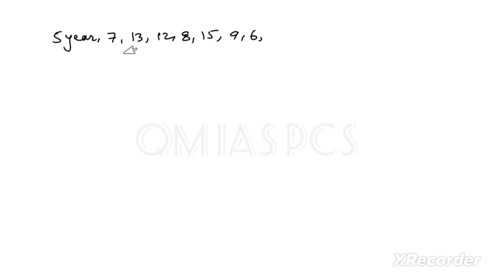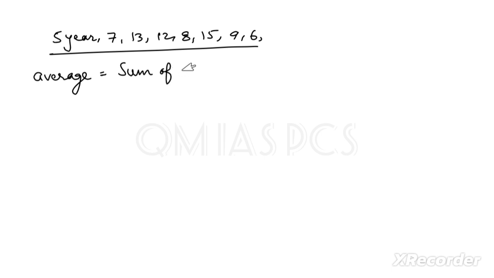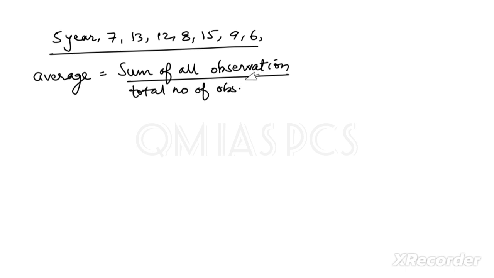Now if anybody says find the average of the children's ages, we write average equals the sum of all observations, here the ages, divided by the total number of observations. Counting them, 1 2 3 4 5 6 7 8, the total number of observations will be 8.